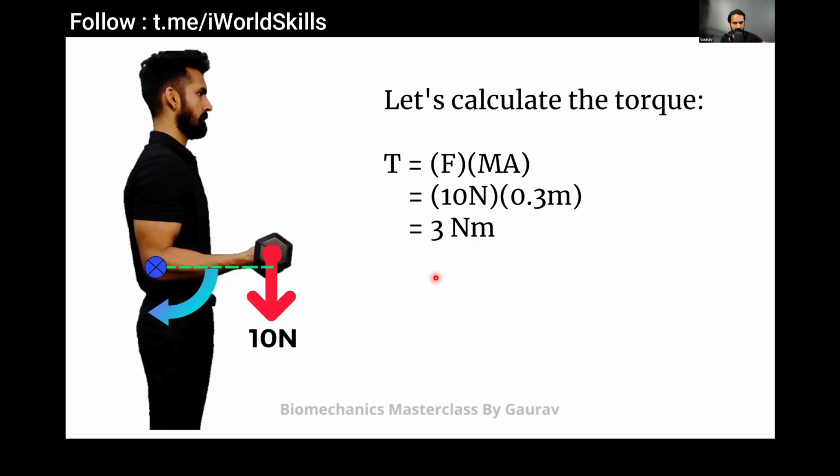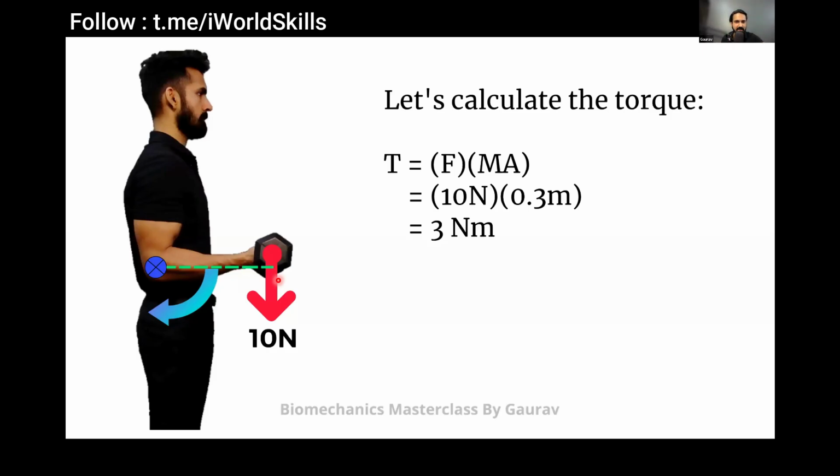Correct. Now, before we move ahead to our further examples, let me mention something very important over here. Just because we have investigated what is happening at the elbow joint level, it doesn't mean that this dumbbell is not affecting other joints in the body. It is. This dumbbell is, in fact, producing torque at all sorts of joints in the human body.